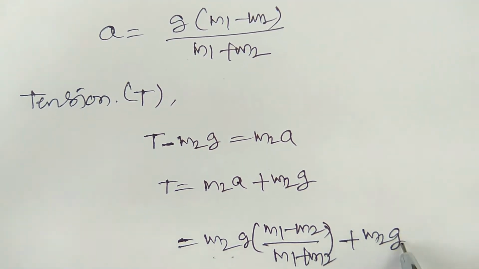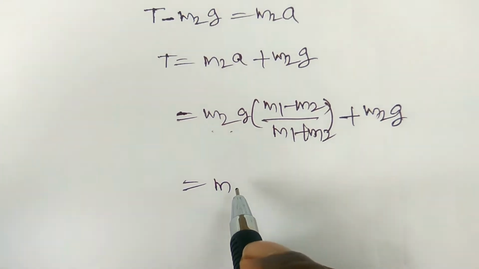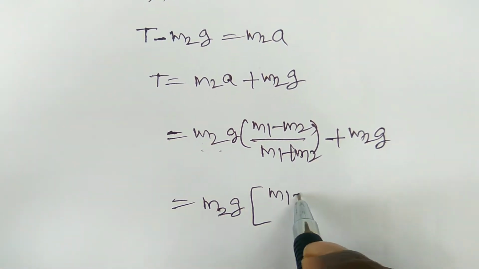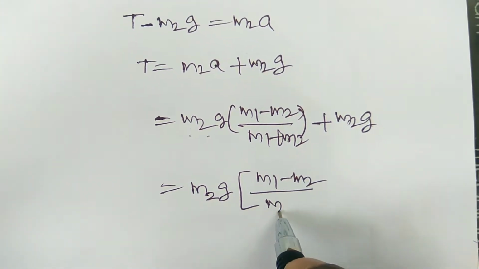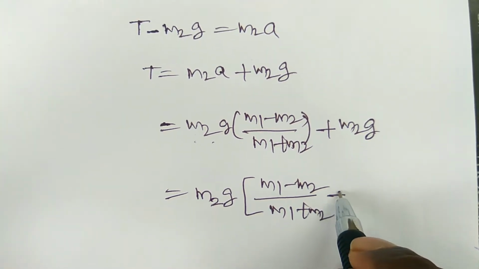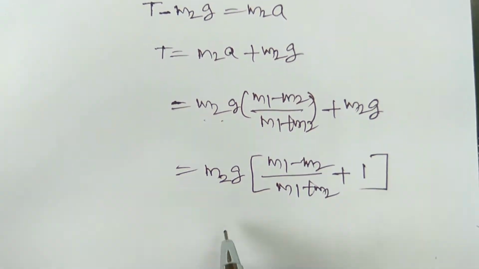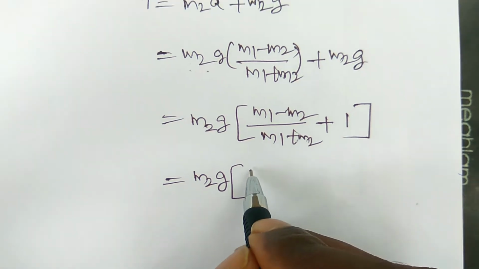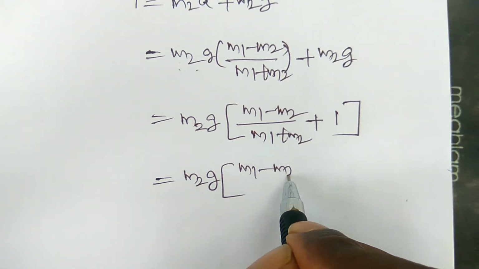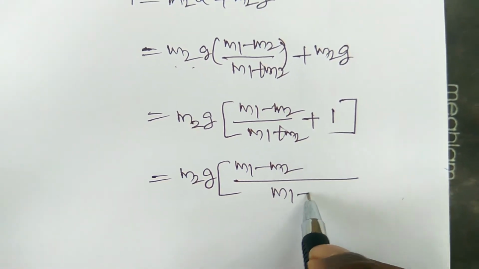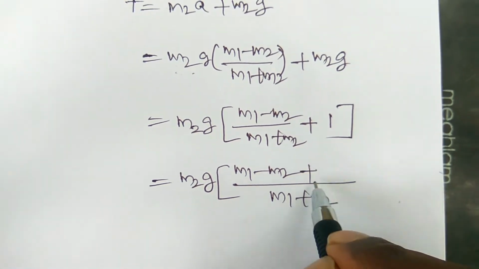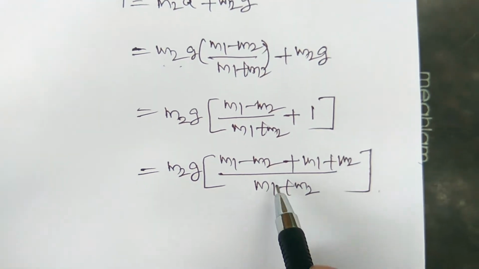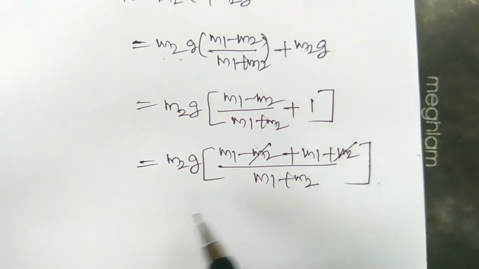Here m2g is common, so m2g times [(m1 minus m2) by (m1 plus m2) plus 1]. Taking the LCM m1 plus m2, the minus m2 and plus m2 cancel out.